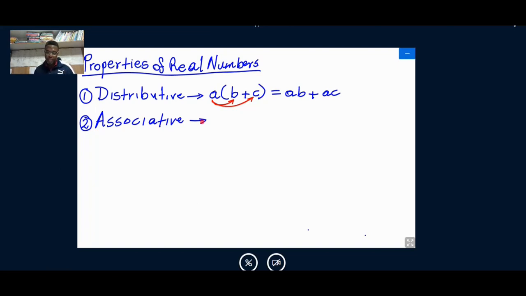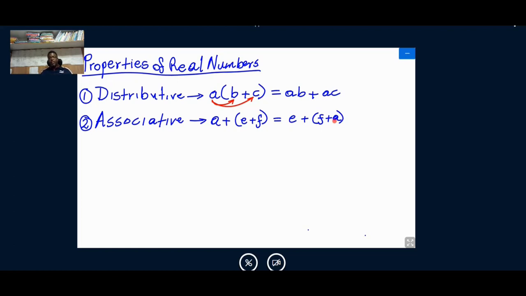How are you going to see this property? Maybe you have A plus E plus F. It is the same as having E plus F plus A. You are going to get the same number, the same answer.